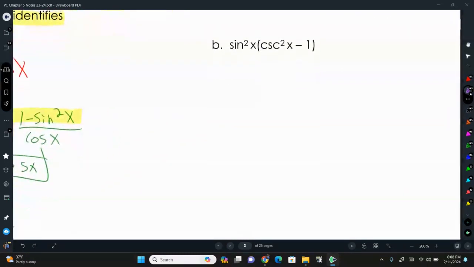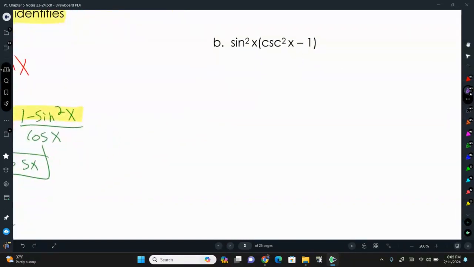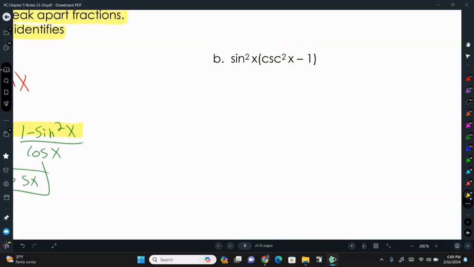Now, letter B, we have sine squared of x equals cosecant squared x minus 1. So again, if we want to simplify that, we want to look at our identity sheet and see what we can do. Anytime we have a trig function squared, we should think about using the Pythagorean identity or one of the offshoots of it. So again, on our sheet, this equals cotangent squared.